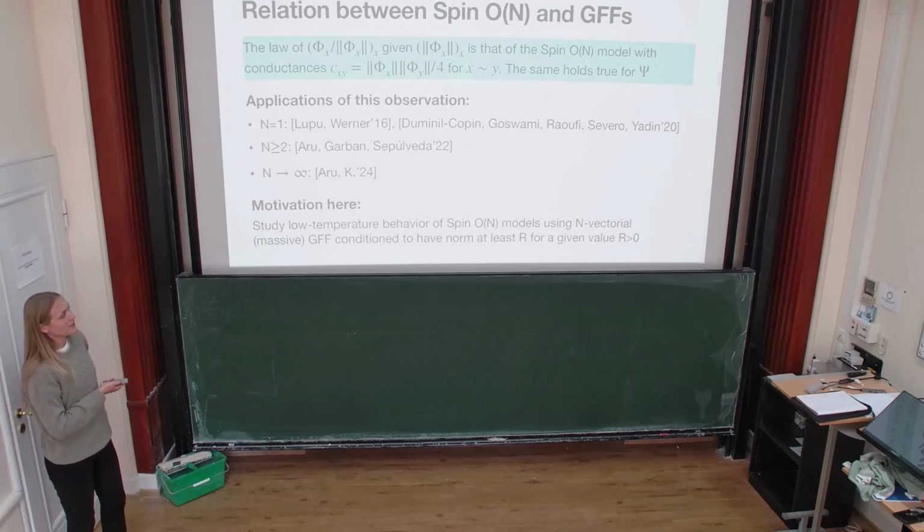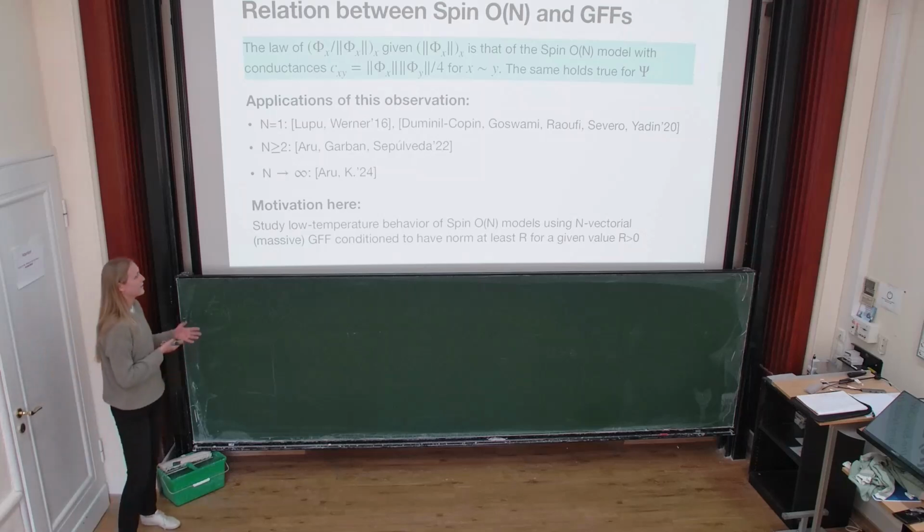There, the case was studied where we don't condition on the norm to be greater or equal than r, but just on the field phi x being greater or equal than r.